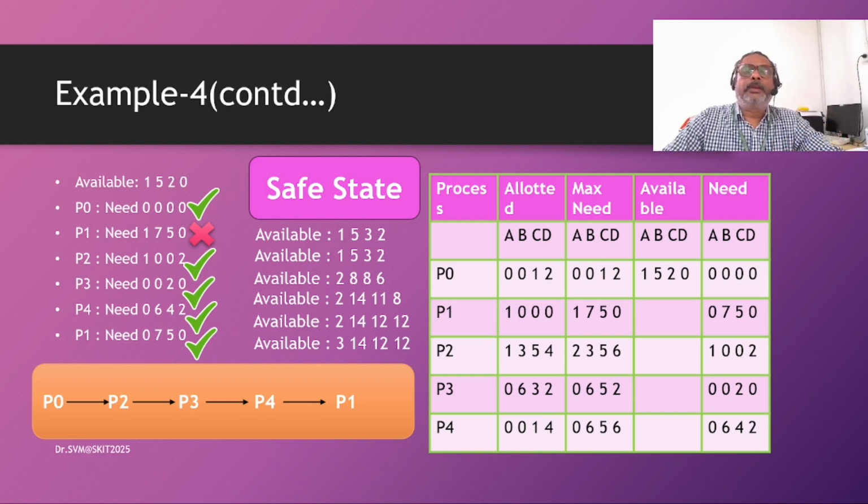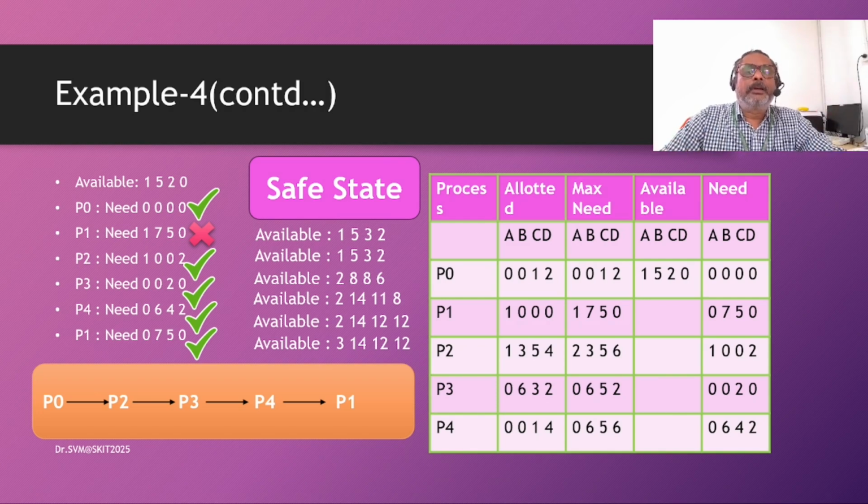And hence it can be allocated. So that is how this Banker's algorithm will try to see whether the allocation of this is going to lead to a safe state or not. If it leads to a safe state, only then the resources are allocated, or otherwise it will just stop it.